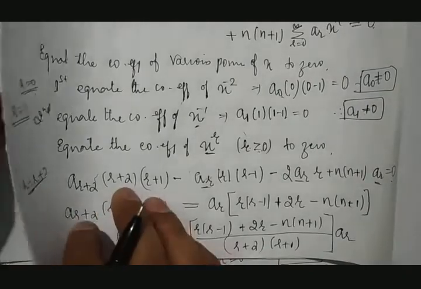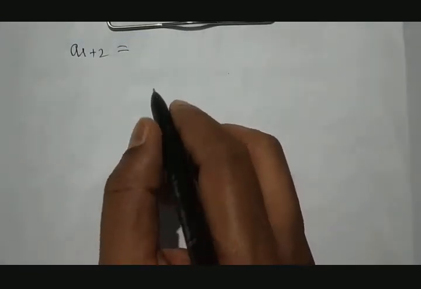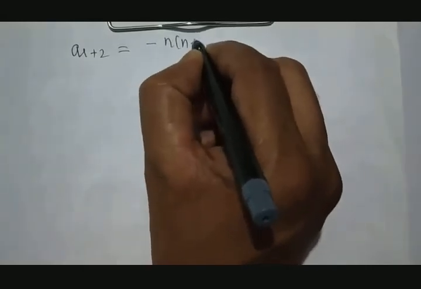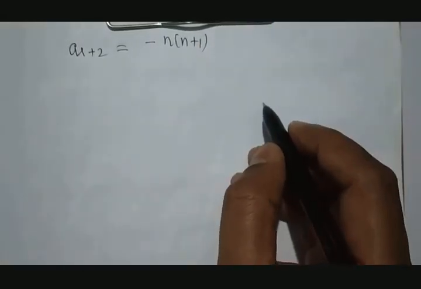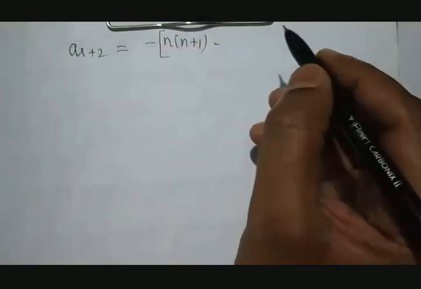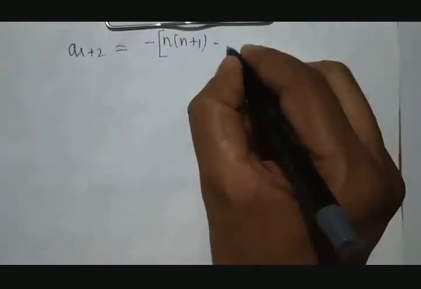Finally, how will this result be considered? This result will be taken as a(r+2) is equal to, let us take it as minus n into n plus 1. We'll be taking minus common. Then minus r square. I'll take that calculation here.